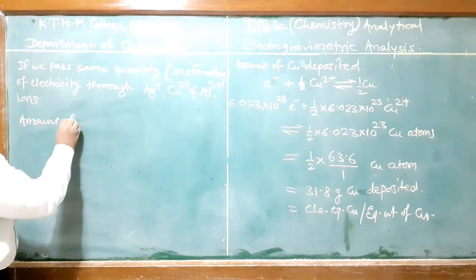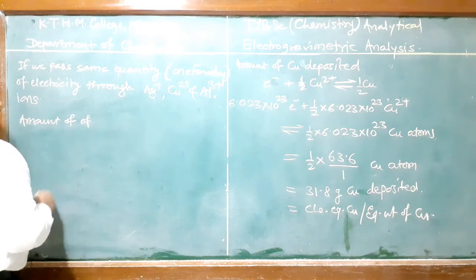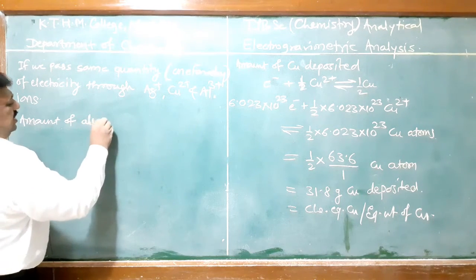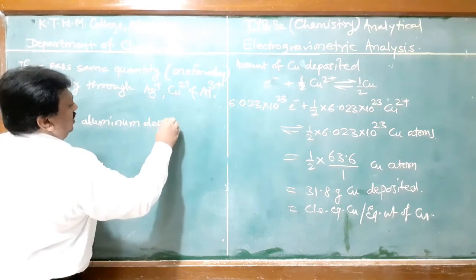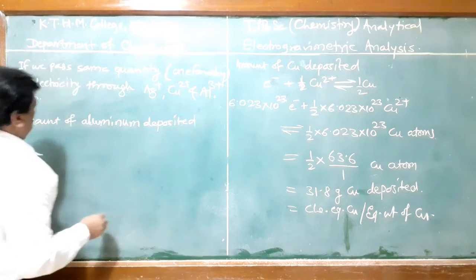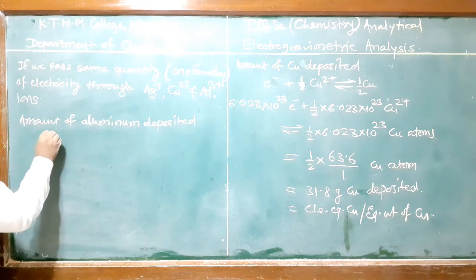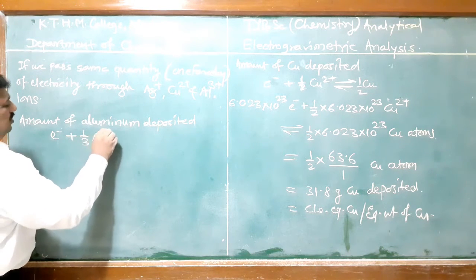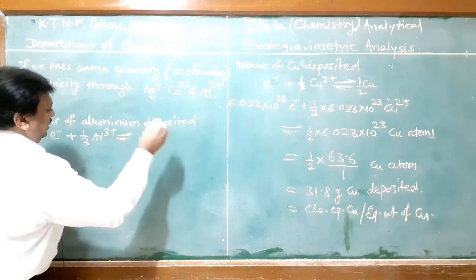Similarly, when we pass the same quantity of electricity through an aluminum solution, a single electron deposits 1/3 of an aluminum ion, that gives 1/3 Al atom.